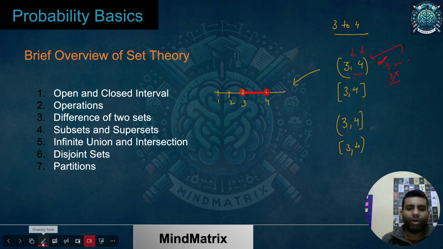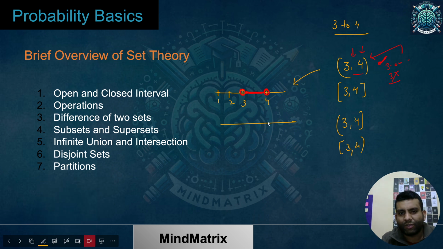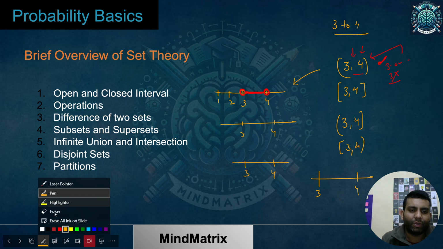And if I talk about this line, let me just draw all these lines first. So 3 and 4, 3 and 4, and let's say 3 and 4. How do we represent all these intervals? I've just taken some examples over here.